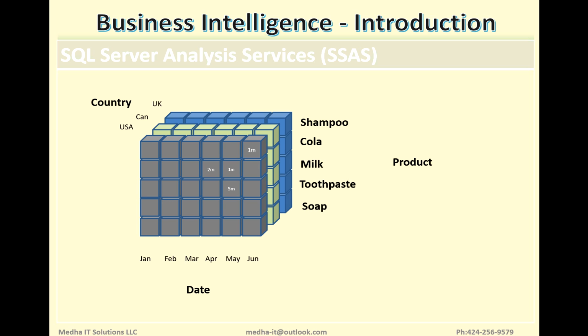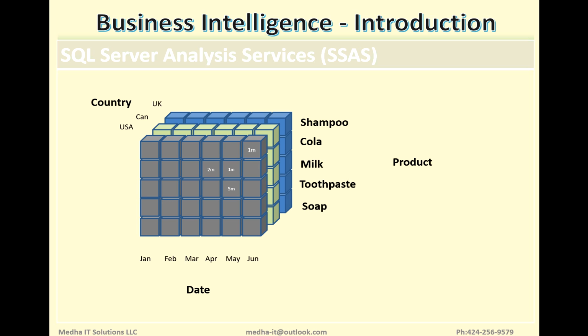Sales amount is the fact, whereas the geography and date are the dimensions. That means you want to see how much sales I made last week. So last week here is a dimension. So basically you are slicing the sales amount by last week or by time, right? That is the slicer.